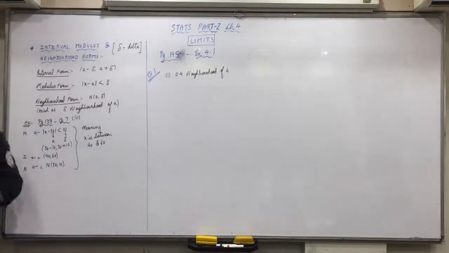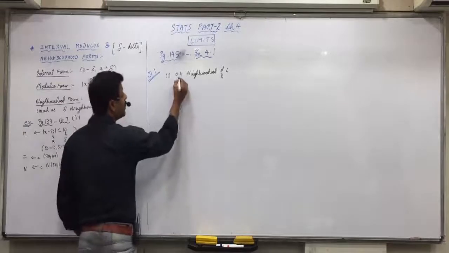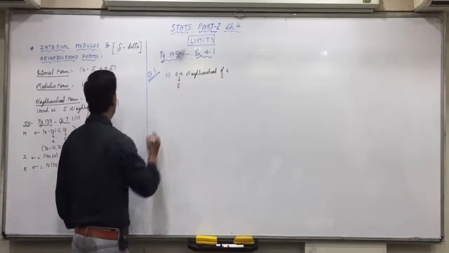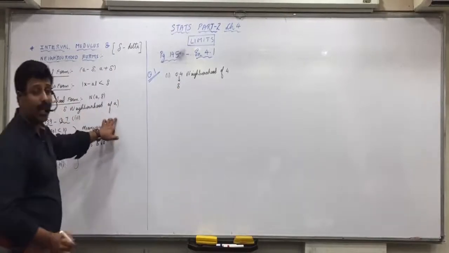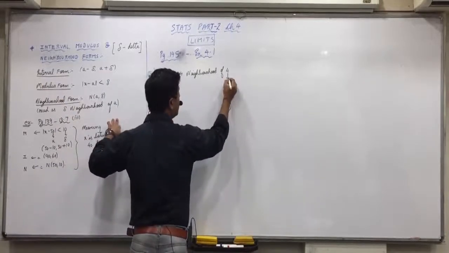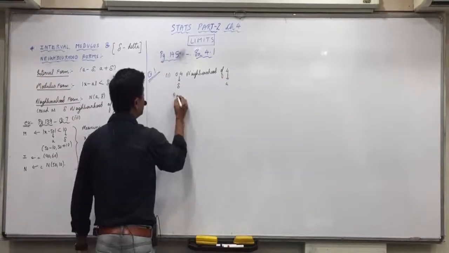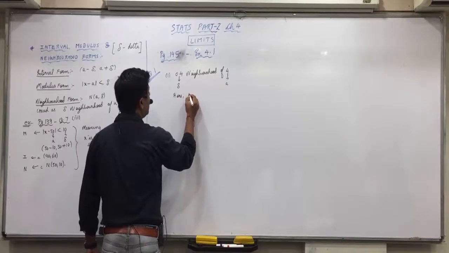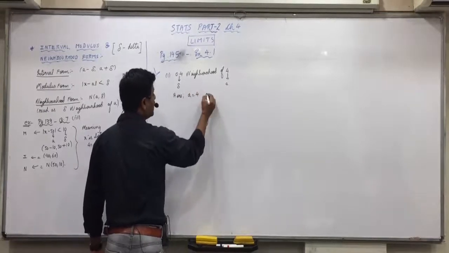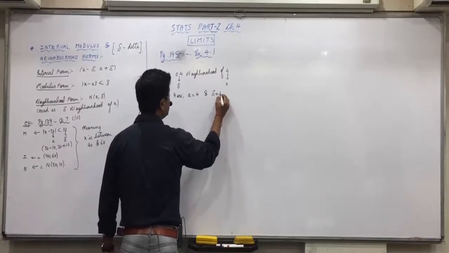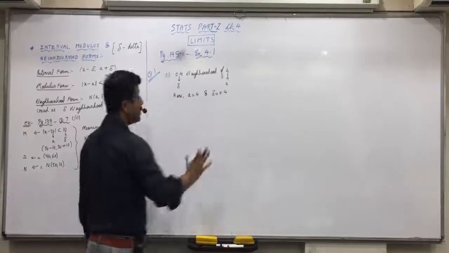The neighborhood form is given to you, so can I say this is delta? Because the way we write the neighborhood form is delta neighborhood of A, and this is A. Here A is 4. The second one is always A, and delta is 0.4. The first one is always delta.